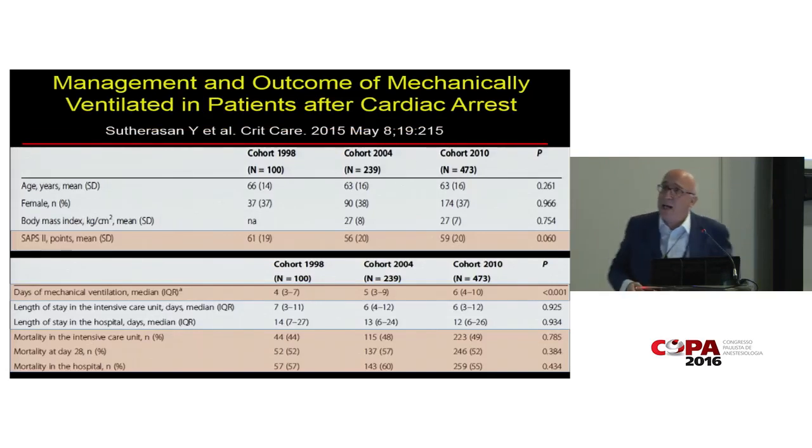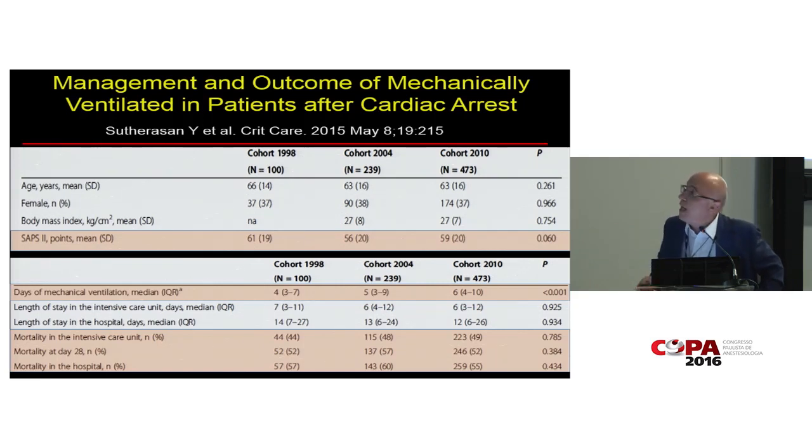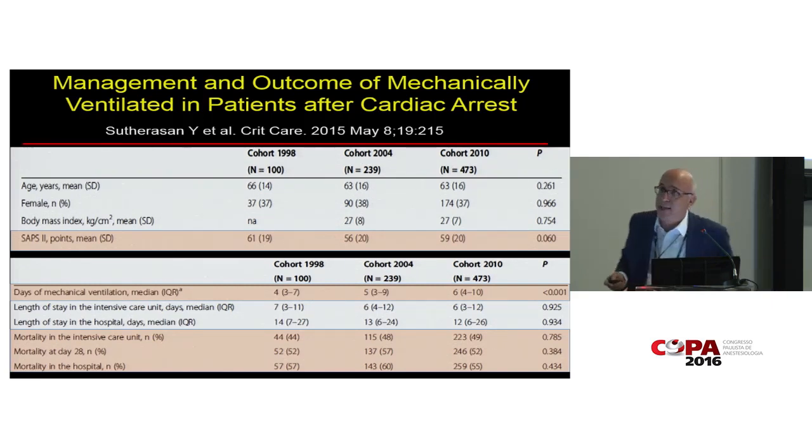So these are data in cardiac arrest patients. I think it's the largest observational study actually published, with Yuda Suterazan and colleagues, who was a fellow in our unit last year. You see, first of all, the different cohorts of patients from 1998 to 2004 to 2010. This is from the Esteban and Fernando Frutos database. As you can see, there are no major changes in age, sex, and so on.